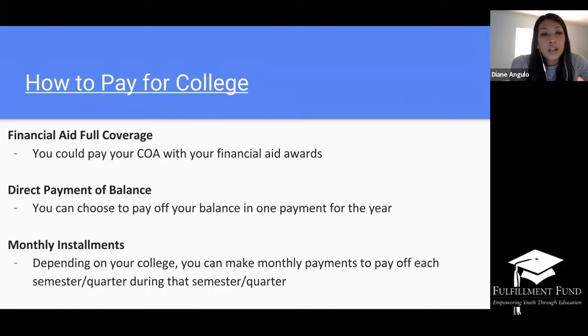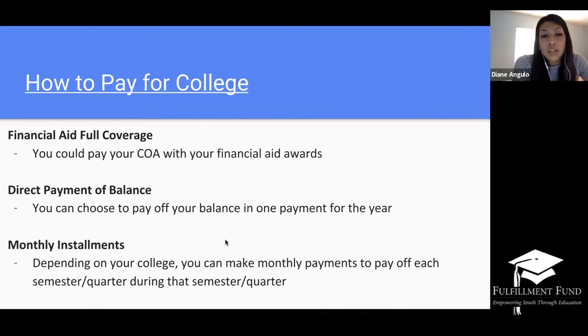Direct payment of balance: you can choose to pay off your balance in one payment for the year, and usually these costs are for the year. Another option would be monthly installments. Depending on your college, you can make monthly payments, and you can talk to your financial aid office about this.